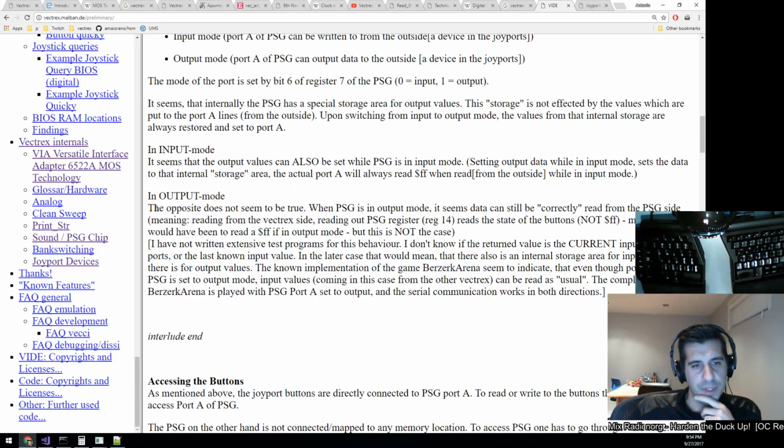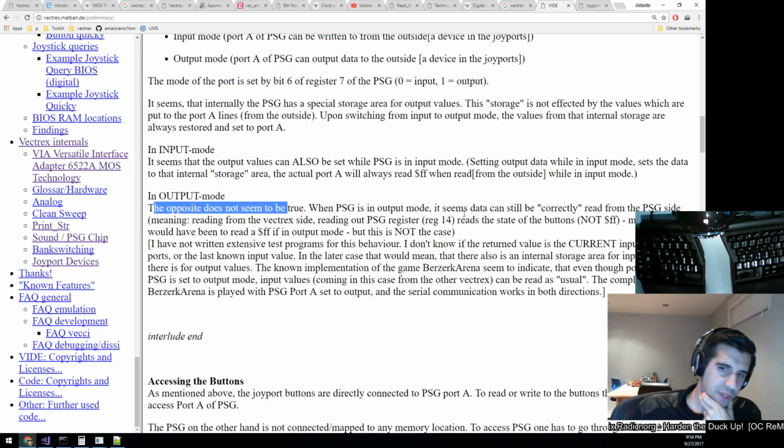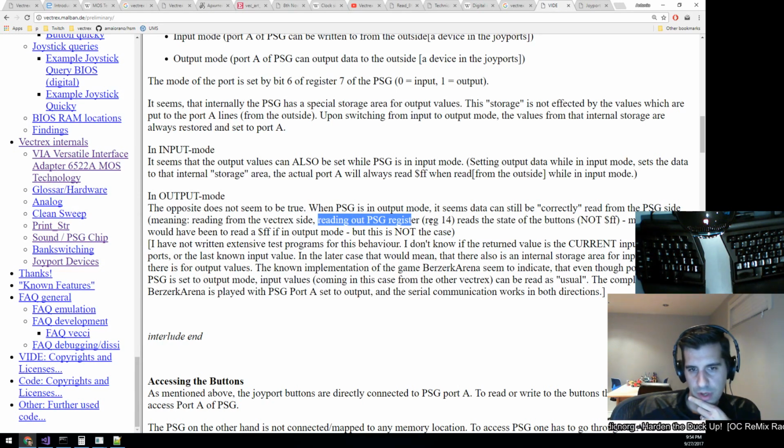In output mode, the opposite does not seem to be true. When PSG is in output mode, it seems data can still be correctly read from the PSG side, meaning reading from the Vectrex side and reading out PSG register 14 reads the states of the buttons. My first guess would have been to read an FF in output mode, but this is not the case.